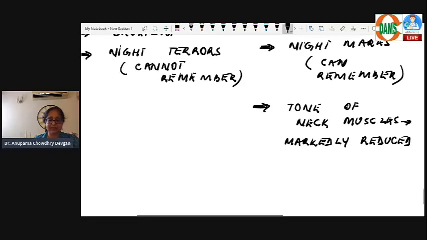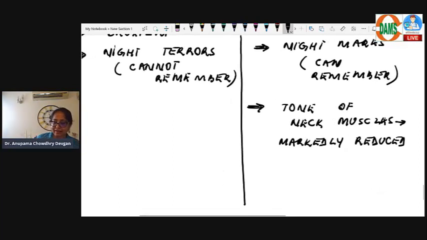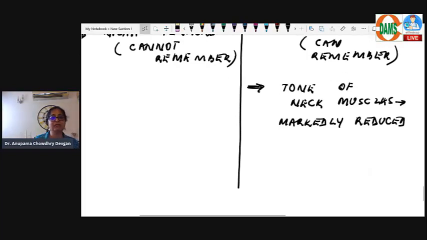Left side wale points NREM ke hain, right side wale REM ke hain, right? All right. Now the tone of the neck muscles is markedly reduced in REM sleep, right?